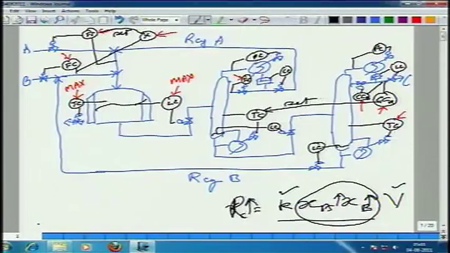Okay, once you have understood this, then we can proceed a little further. Through very simple qualitative plain English reasoning, now we are devising control systems for something that does not look too simple, at least.